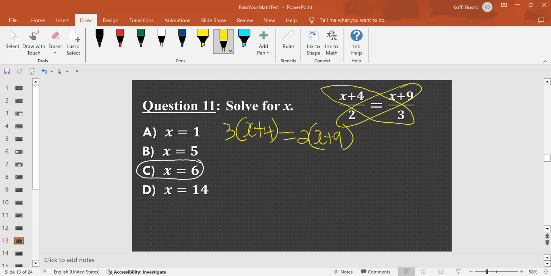I place x plus 4 in the parenthesis, and I place x plus 9 in the parenthesis to avoid mistakes, because there is a number I have to multiply by everything. So therefore, we distribute: 3 times x plus 4. You're going to have 3x plus 12 is equal to 2x plus 18.